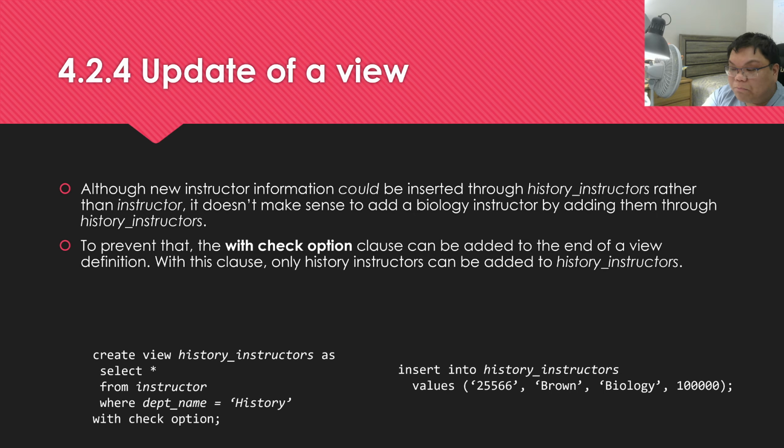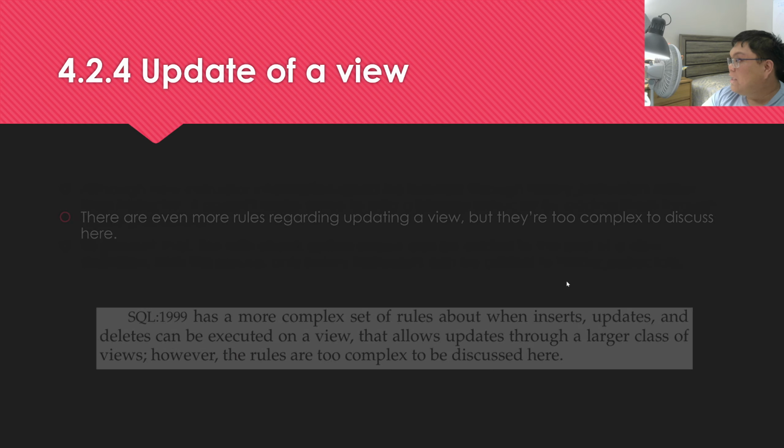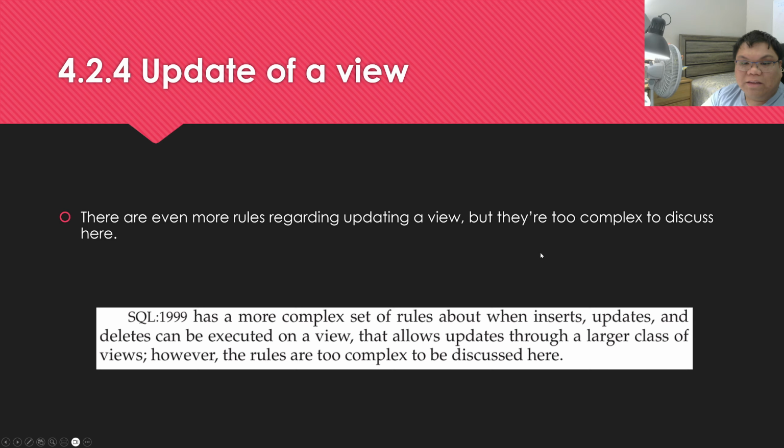So we can only add Brown not using insert into history instructors, but rather insert into biology instructors. So that's the proper way to add Brown as a biology instructor. There are even more rules regarding updating a view, but they're way too complex to discuss here.